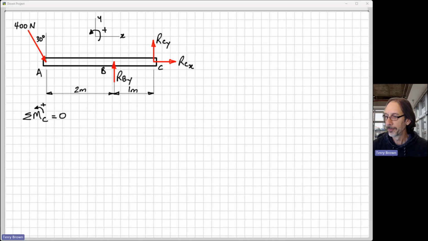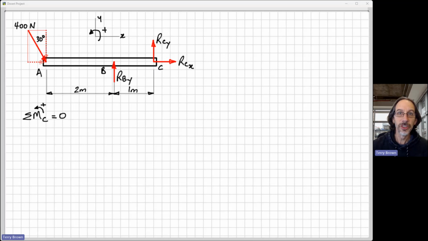Okay, very important. All right, so we're going to use Varignon's theorem, or the principle of moments, and break this force up into its components, vertical and horizontal, and find the moments of each of those components, rather than trying to work out the perpendicular distance between this 400 Newton force at 30 degrees and this point here, C. Now, we could do that.